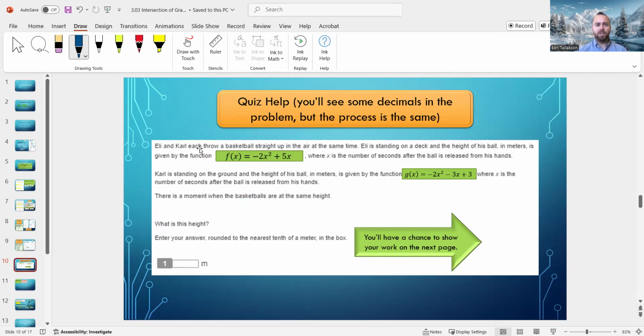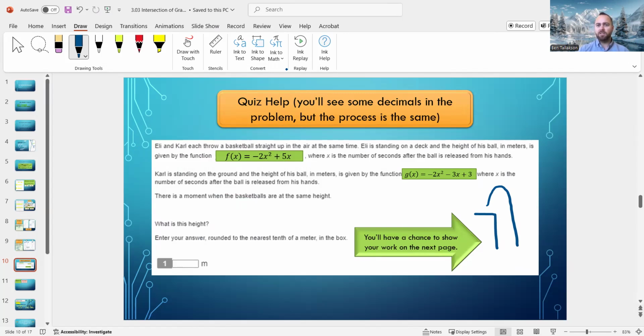Eli and Carl each throw a basketball straight up in the air at the same time. But Eli is standing on a deck, and the height of his ball in meters is given by this function. Notice it's a negative parabola, meaning here's the deck, here's Eli throwing the ball up.